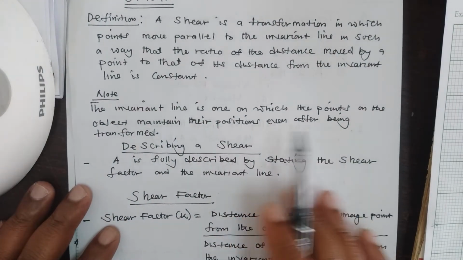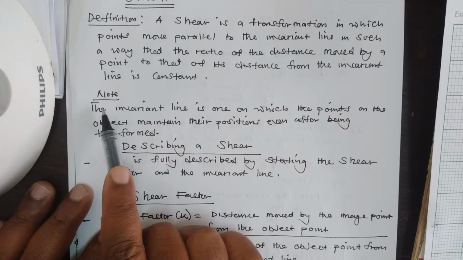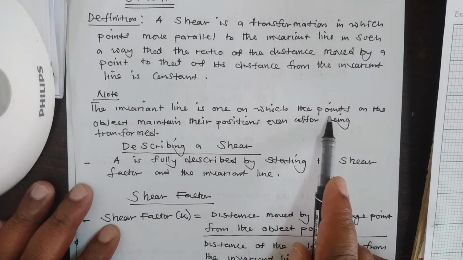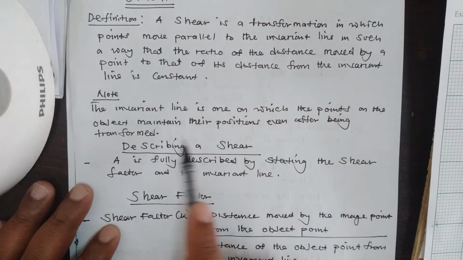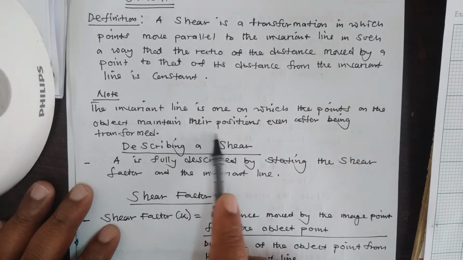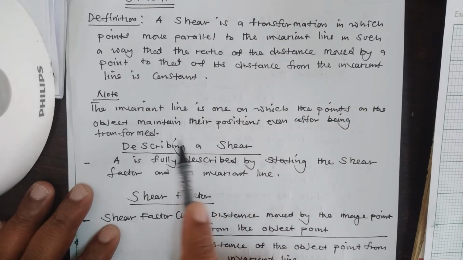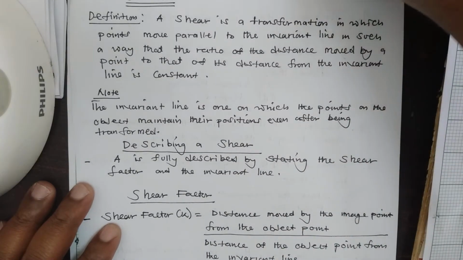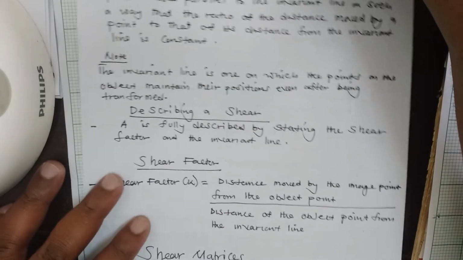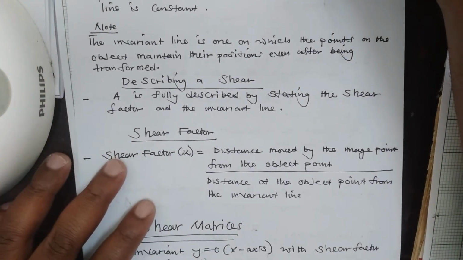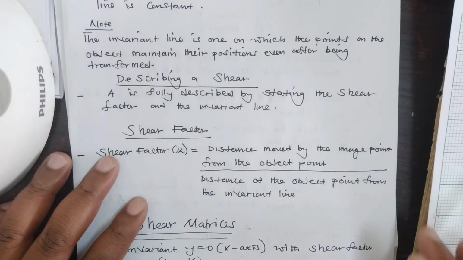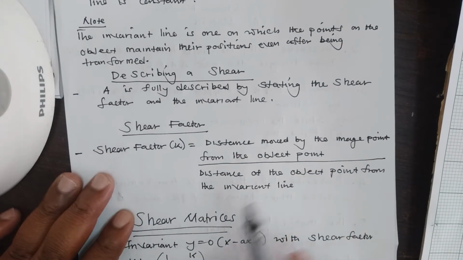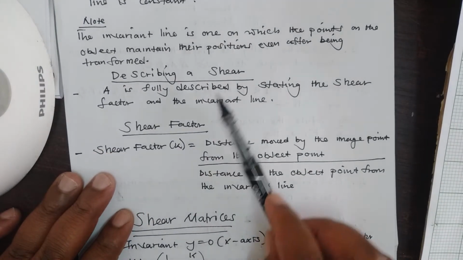Let's also take note: the invariant line is one on which the points on the object maintain their positions even after being transformed. So please take note that when you are dealing with a shear, the movement is parallel to the invariant line.